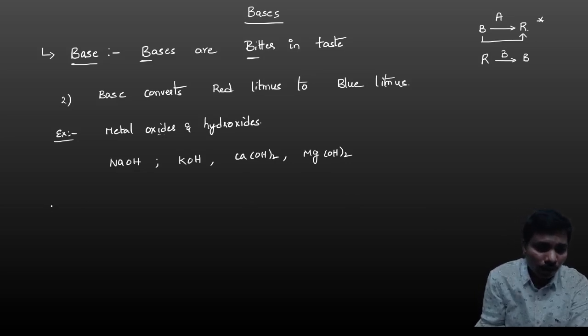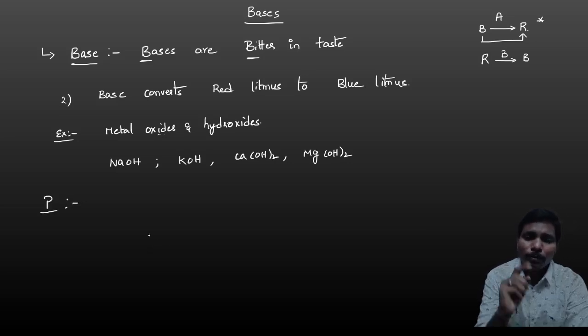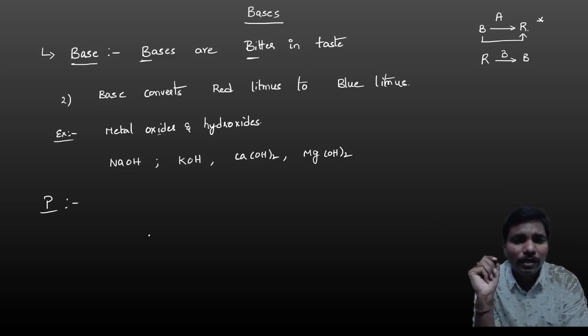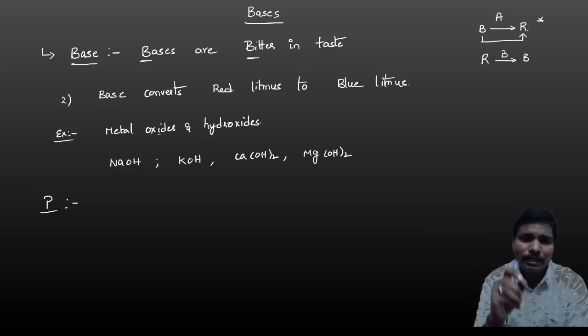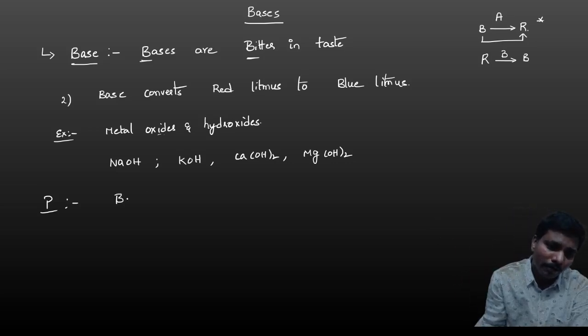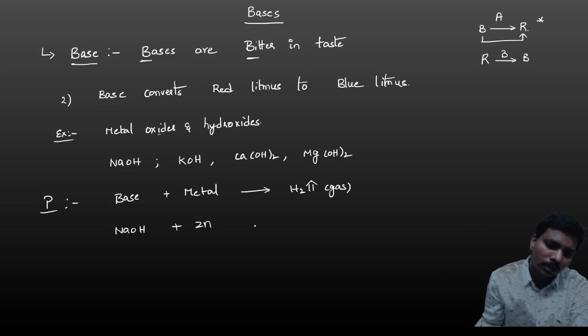Now coming to the properties. The first property of acids we have already learned: whenever acid reacts with a metal, it gives hydrogen gas. Here also the same: whenever base reacts with a metal, it gives hydrogen gas. Let us take one base, NaOH plus zinc as the metal.